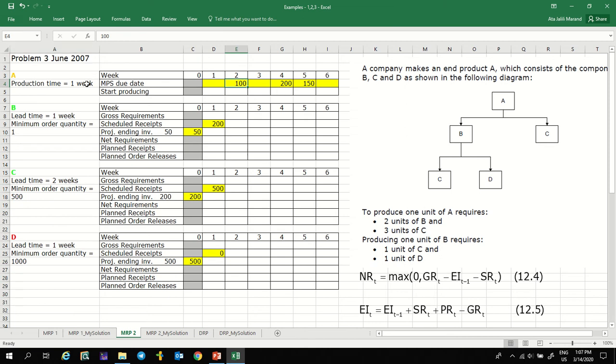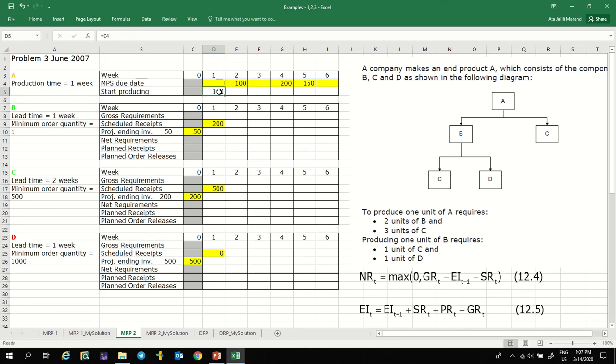Given the production lead time of 1 week, we need to start the production in week 1 in order to be able to deliver these 100 units in week 2. So in week 1, we need to start the production of 100 units of product A, for which we will need all of the components to be ready in week 1.